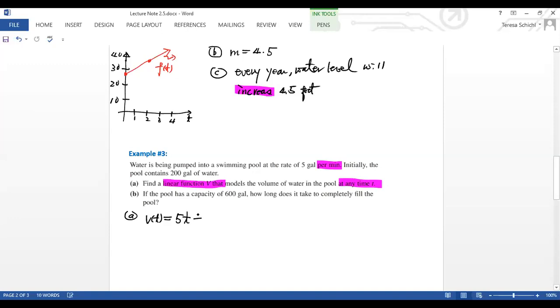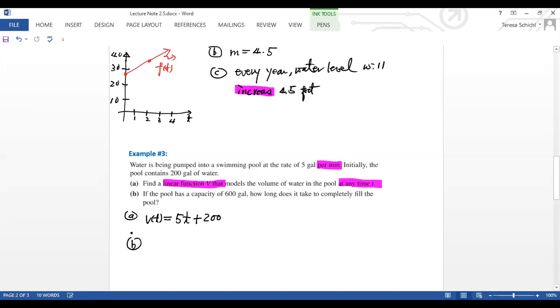And what is the 200 here? The 200 is the initial value. When t is equal to 0, that's why you get the initial. That's why when we talk about linear equations, y equals mx plus b, of course we say b is the y-intercept, but that also means the initial value, because that is when your x equals 0.